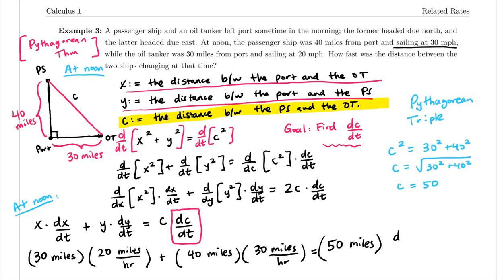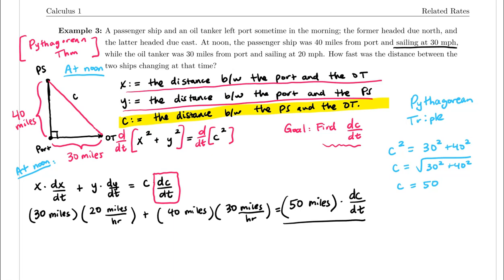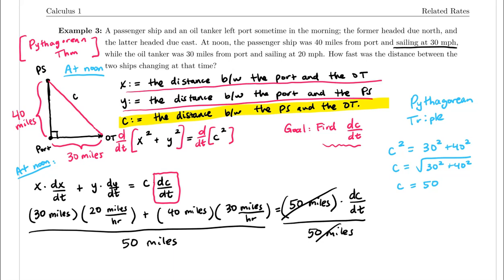And then we're multiplying this by dc/dt, which is what we would like to try to solve for by isolating that. Okay, so now what I'd like to do is divide both sides by 50 miles, and that's going to get rid of that. And then here I'm going to divide this by 50 miles. And notice that the 30 miles and the 40 miles, I could factor out the miles and then divide it with the miles in the denominator.